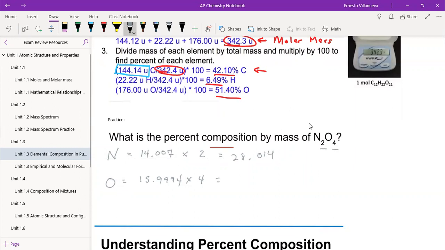Okay, 15.9994 times 4 is going to give me 63.9976. Okay, I'm going to go ahead and add these guys up.